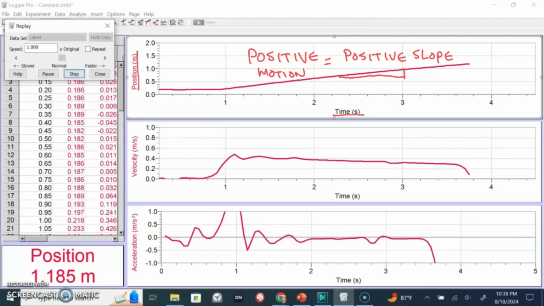If we had a negative slope on the graph, so if the slope of the graph looks like this, we have a negative slope. Negative slope would mean negative motion. The object would be going in the opposite direction.